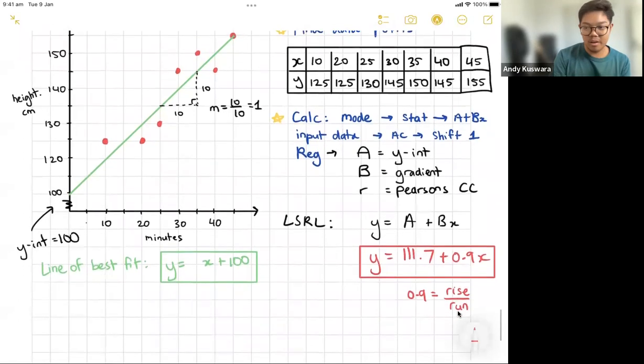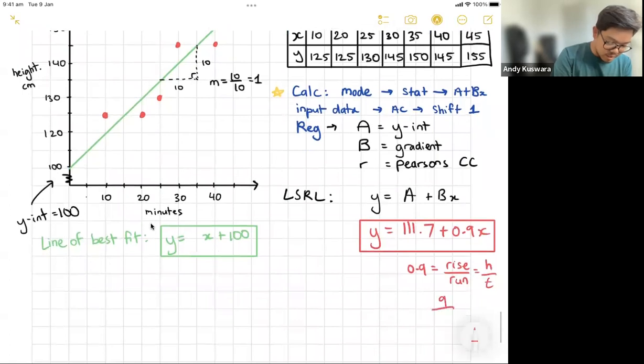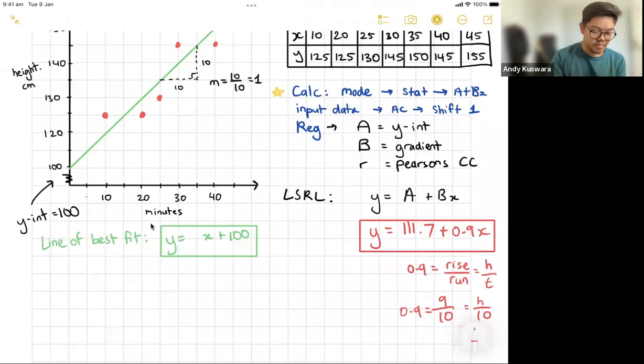Now, gradient rise, we're talking about the height. So height is up the top, and time is at the bottom. Technically we're saying 0.9 is the same thing as 9 over 10. So I've just rewritten it as 9 over 10 as a fraction.